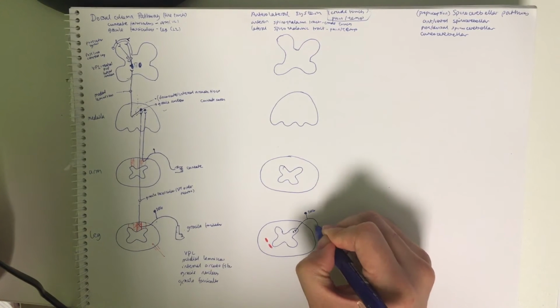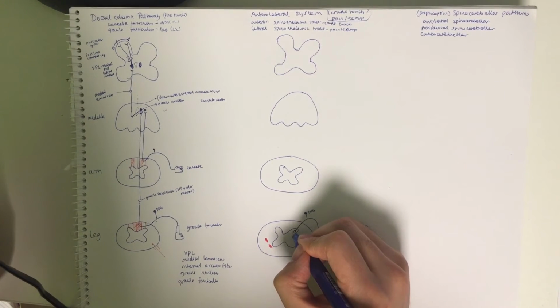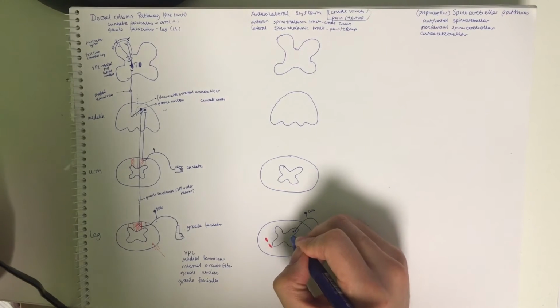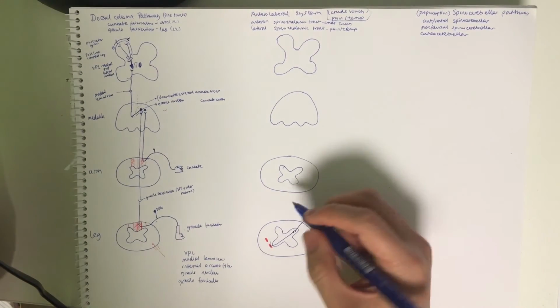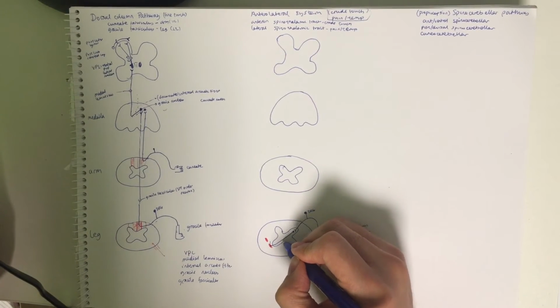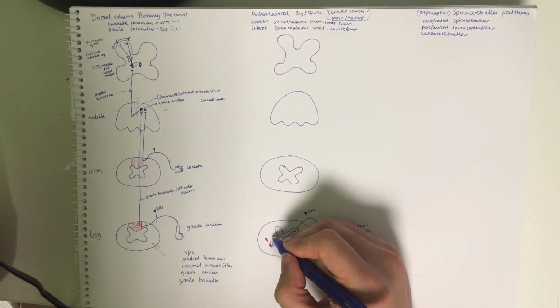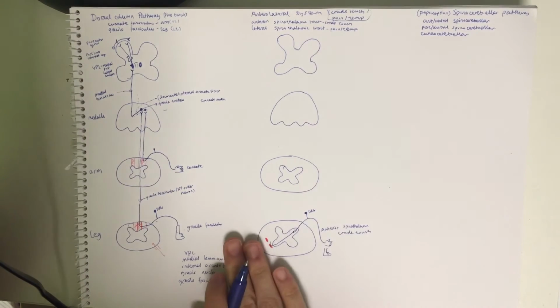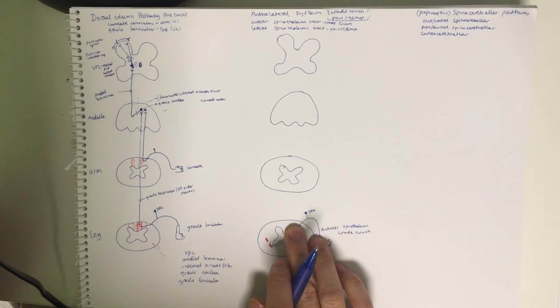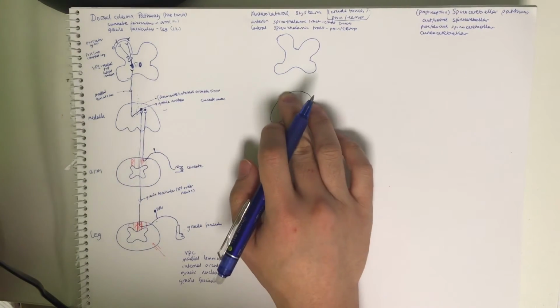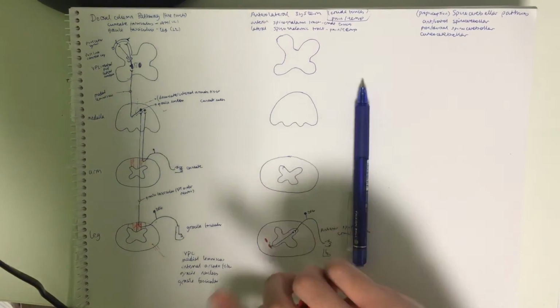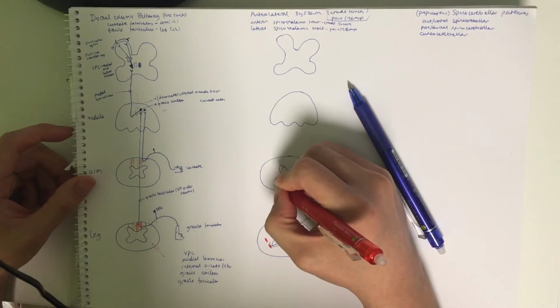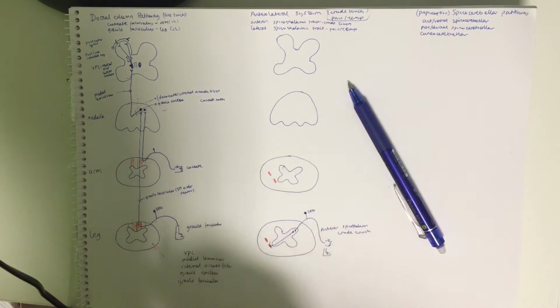So if this is the first neuron, this synapse now becomes the second order neuron, almost instantly as it enters. Then the fibers decussate straight away, at the level of entering. And then it will ascend upwards. Let me draw it here as well.